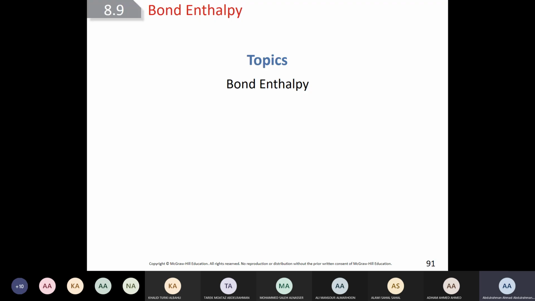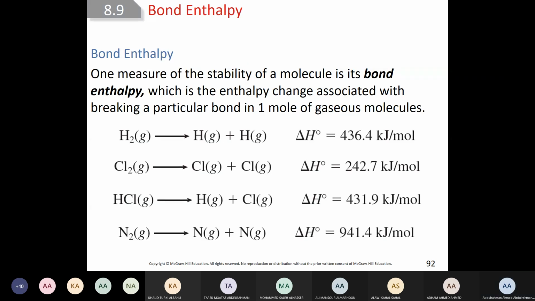Good. Next, we're going to talk about enthalpy, bond enthalpy. Very important. All right. What they did, they calculated the bond energy for any bond.